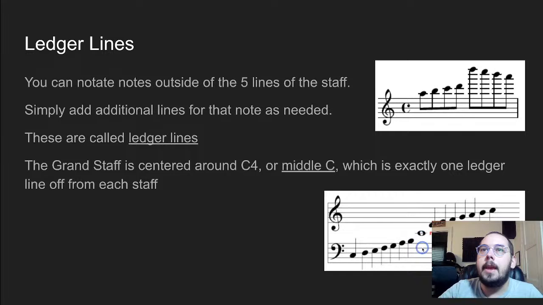Again, if you count up from the bass clef, here's that F line right here where my mouse is. F, G, A, B on the top staff, C right here. And then if we count down from the treble clef, we get G, F, E, D on the space, C, one ledger line below. That's where everything lines up and maps.